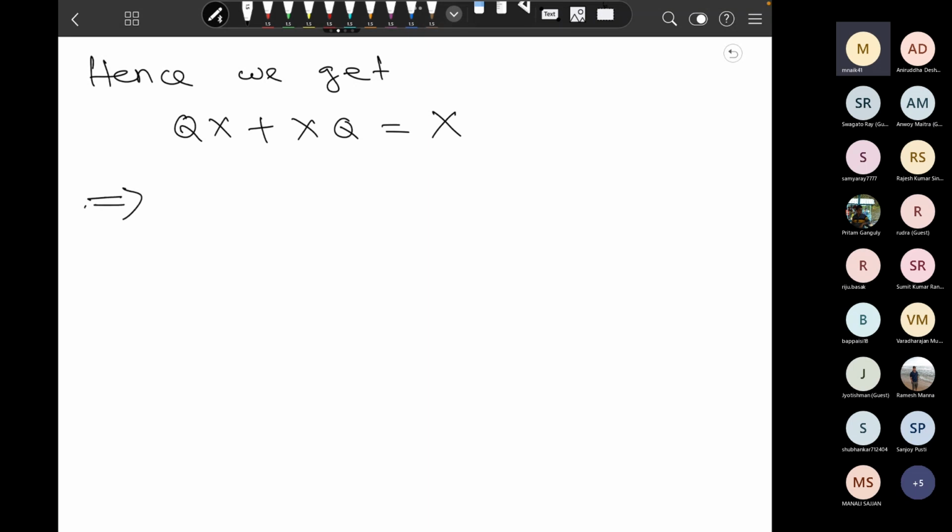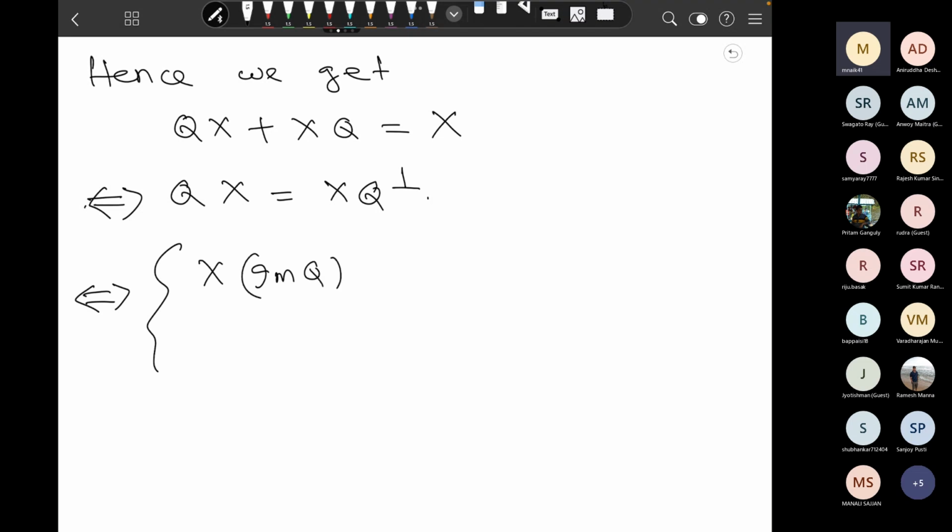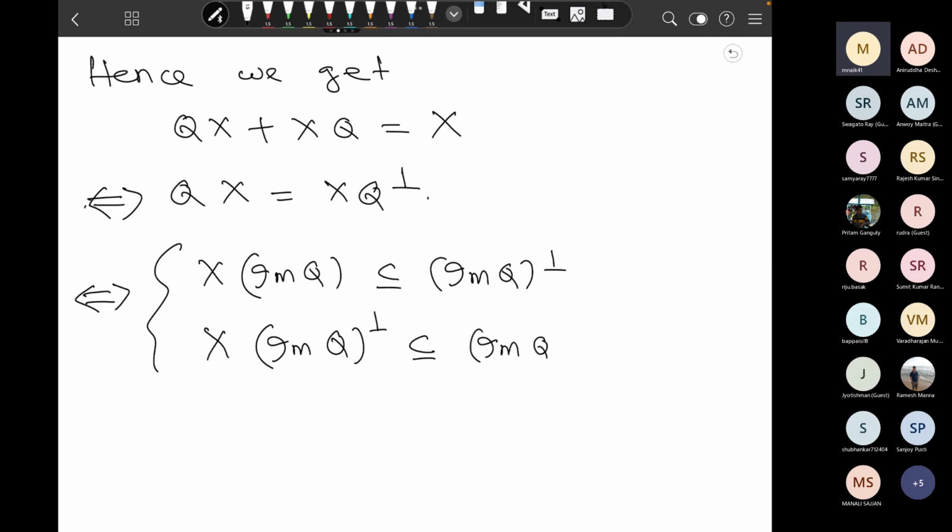This is equivalent to the condition Qx is equal to xQ par, and the third thing is equivalent to two things: x of image of Q is contained inside image of Q par, and x of image of Q par is contained inside image of Q.